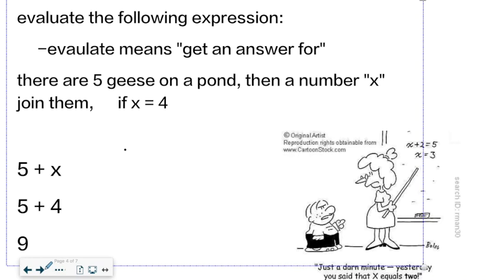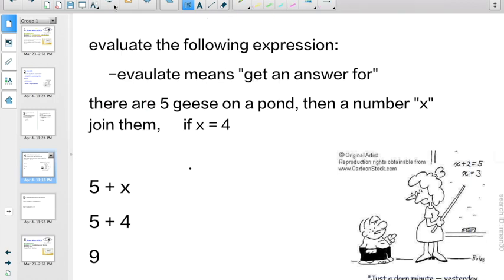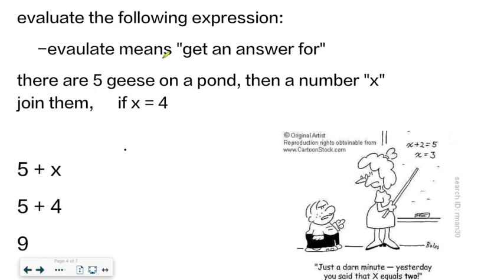But the big thing is, now we have x equals 4. Now that we know what x is, we can put 4 in for x. So we have 5 plus x like we had before. 5 plus 4, well now I can say there are a total of 9 geese there, because if x is 4, that means 4 geese joined them. See that? So then we'd have 5 plus 4, 9.